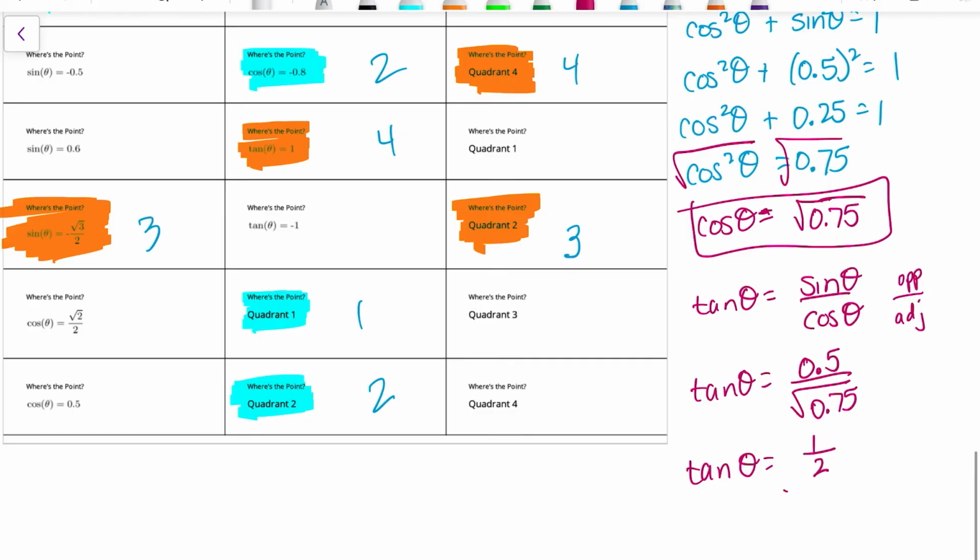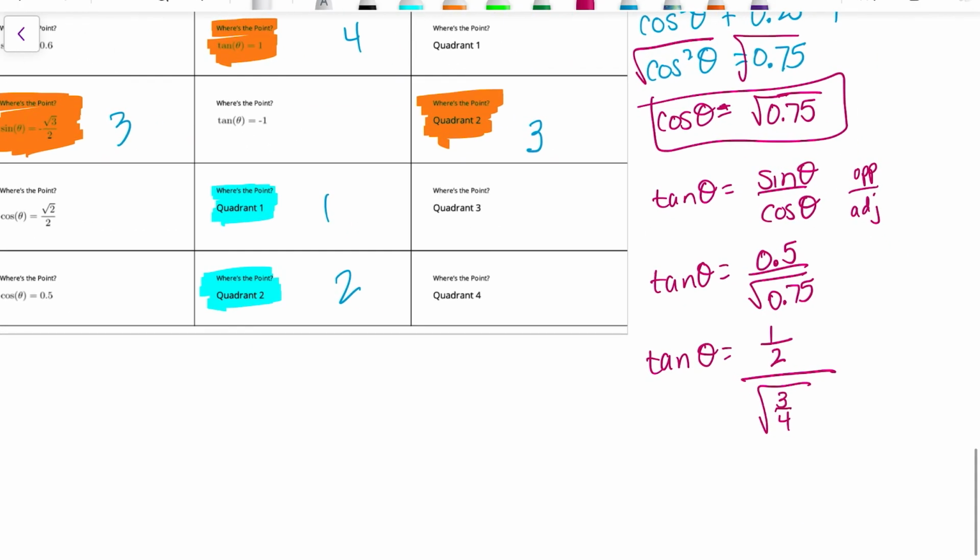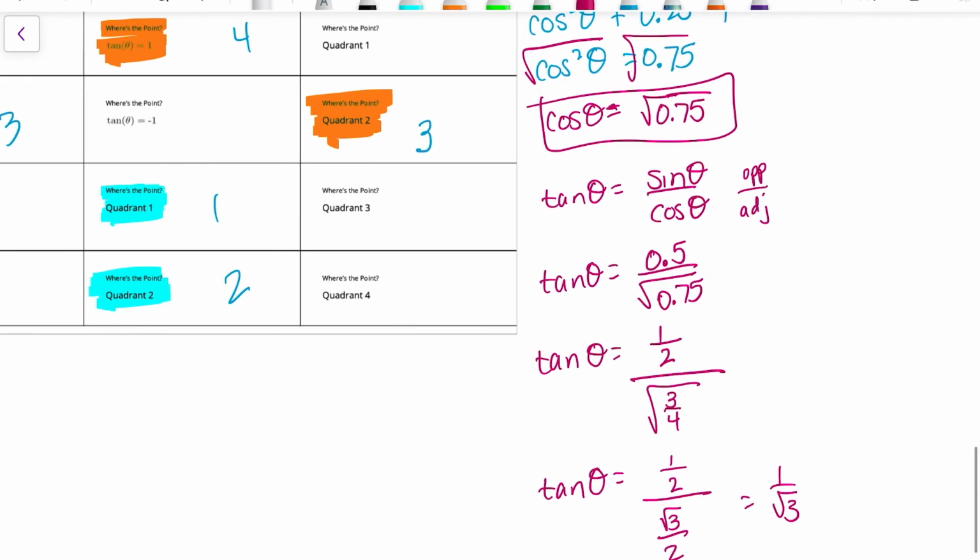Plus, when you move into higher levels, you will see that we tend to use fractions. So the square root of 3 over the square root of 4 can be rewritten as the square root of 3 over 2, right? And they both have 2 in the denominator, so that's the same thing as 1 over the square root of 3. Typically, we don't write it that way.